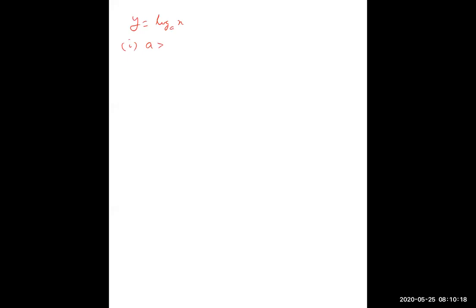As I told in the beginning, there will be two cases: base may be between 0 and 1, or base may be more than 1. If base is more than 1, then our graph is of this type. This I'm again drawing. This is the graph we have just drawn and checked. When base is more than 1, this point is 1, 0 on the x-axis.